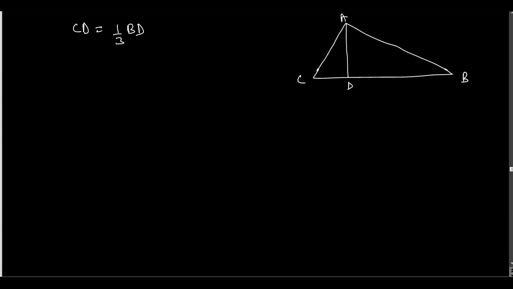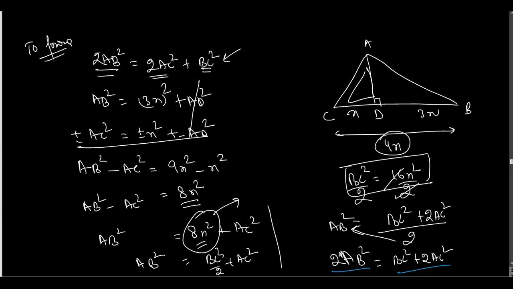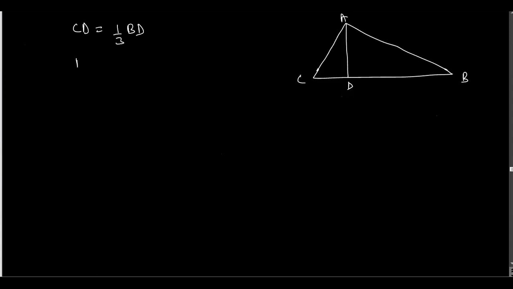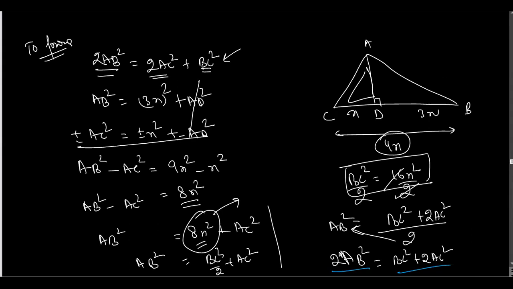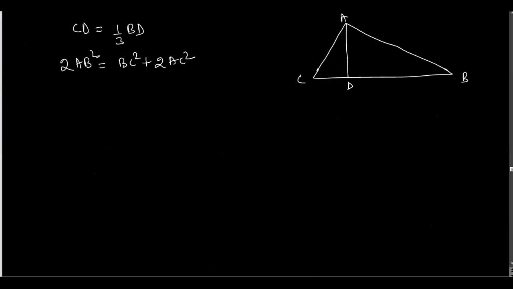Now you need to prove that 2AB square is equals to BC square plus 2AC square. 2AB square is equals to 2AC square plus BC square.